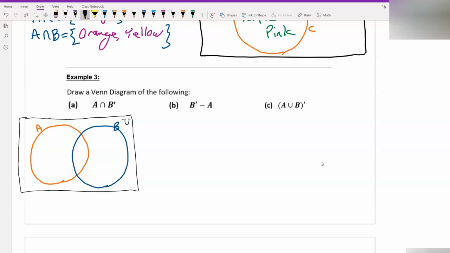Since we are trying to find the intersection between these, that means we are trying to find what we have in common in A and complement of B, or B prime. In other words, common to A but not B.